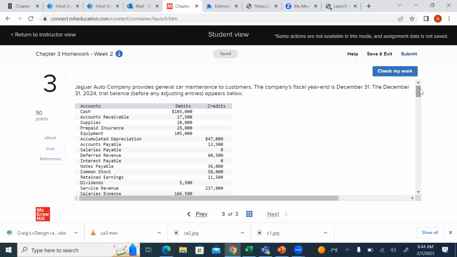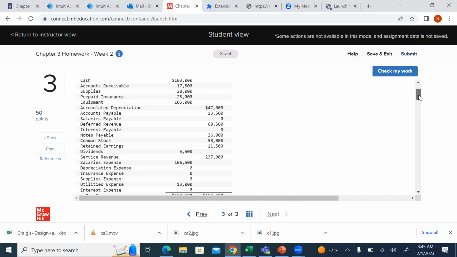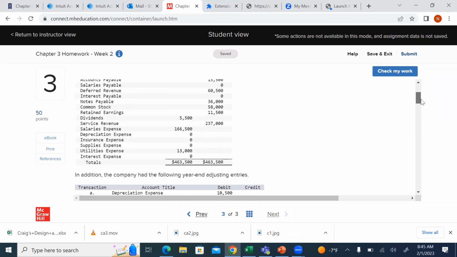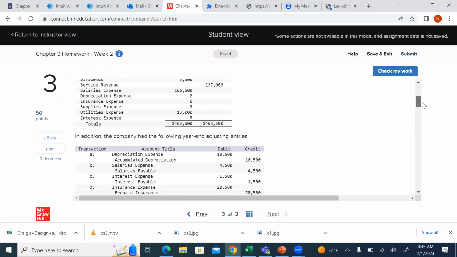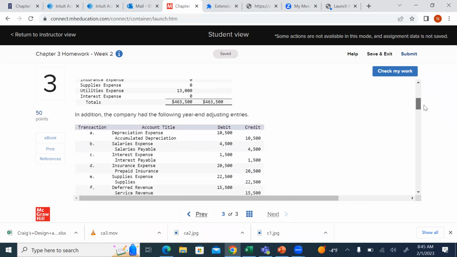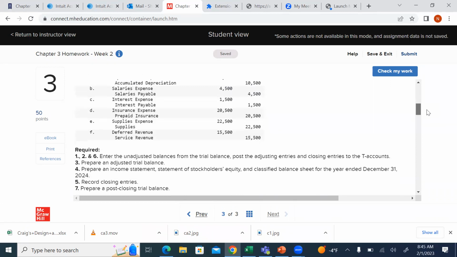Jaguar Auto Company provides general car maintenance to customers. The company's fiscal year end is December 31st. The December 31st, 2024 trial balance appears below. So we've got all the debits and the credits. Then it goes on to tell us, here are the adjusting year-end balances, journal entries.